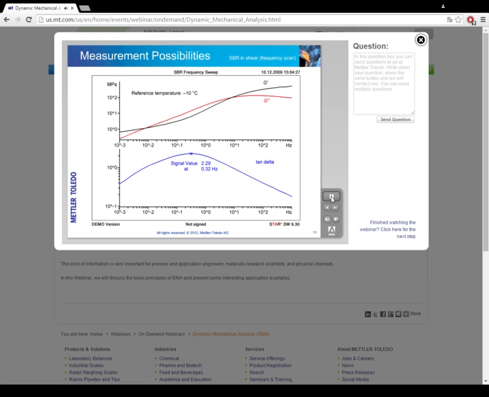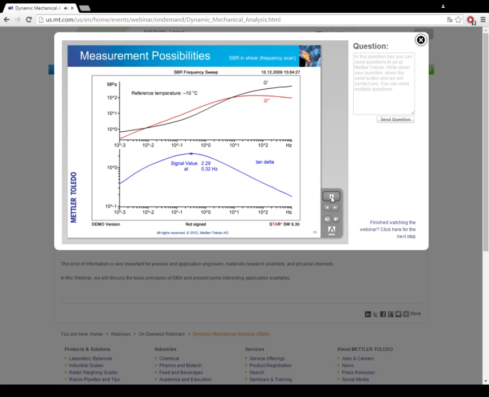At the same time, however, the adhesive must react elastically to a blow, high frequencies, without breaking. The slide shows a frequency sweep of the main relaxation range of an SBR elastomer. SBR is short for styrene butadiene rubber. The measurement was performed isothermally at -10 degrees Celsius. It demonstrates that DMA can cover a wide frequency range.